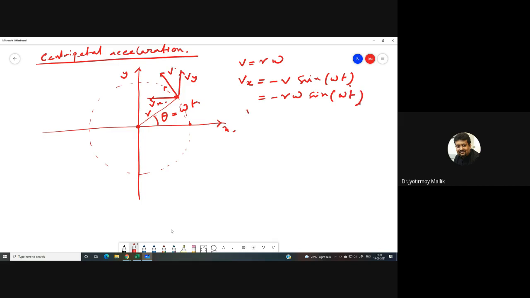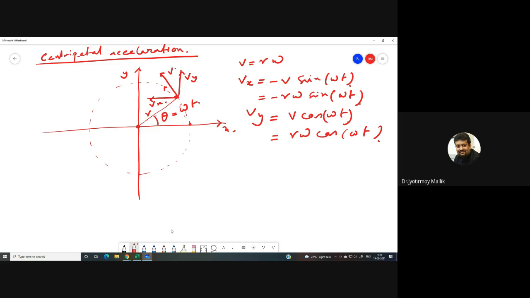Similarly, we can write Vy is equal to V cos omega t, and this is r omega cos omega t.